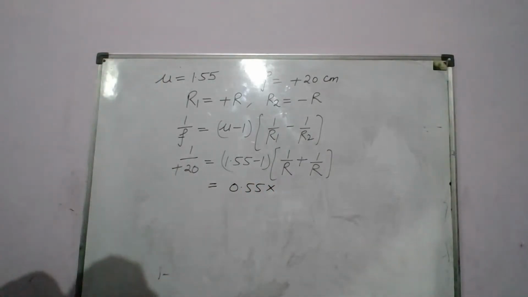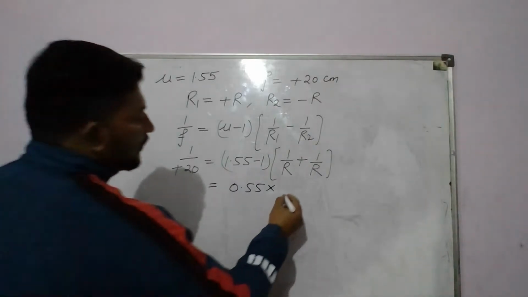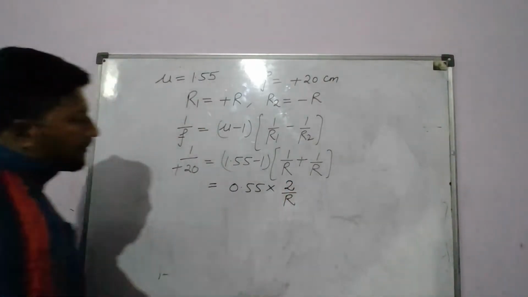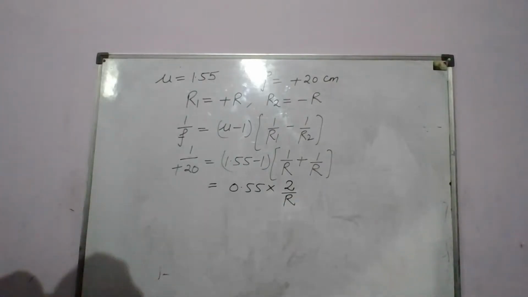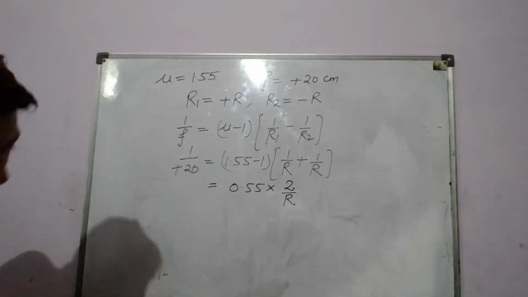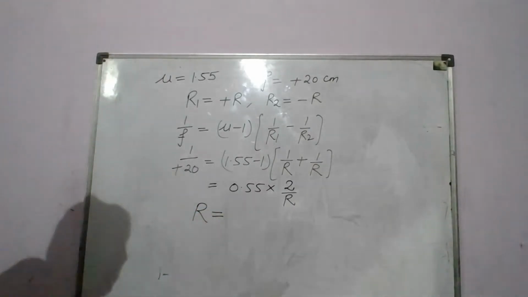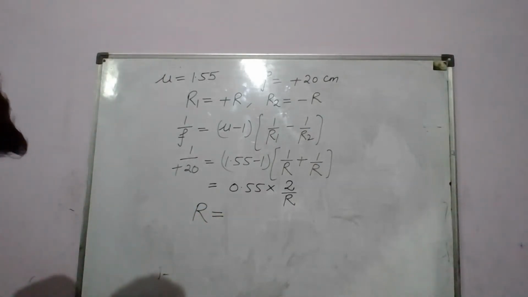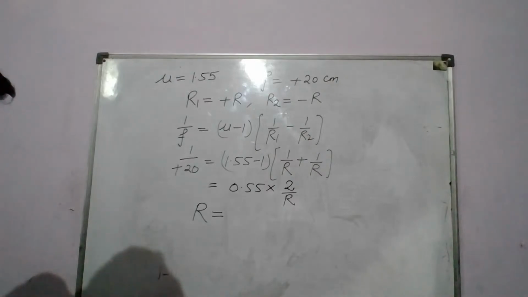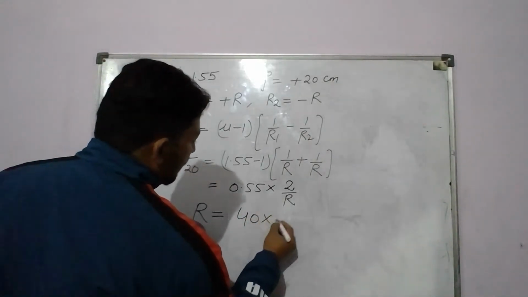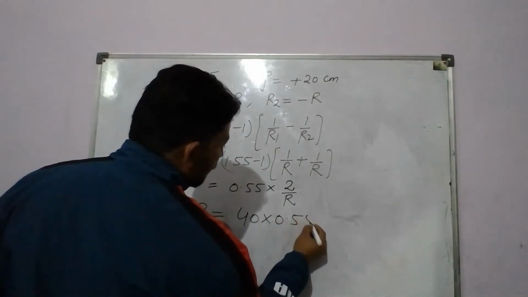1.55 minus 1 means 0.55, and it is equal to 2 by r. And you solve for r. R is the radius of curvature. That is equal to 2 multiplied by 20, which is 40. 40 multiplied by 0.55.